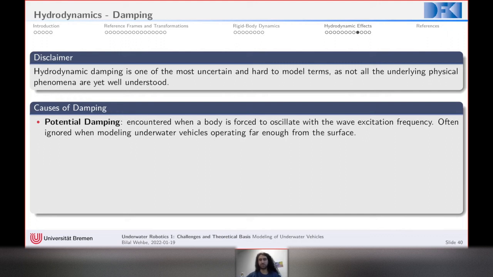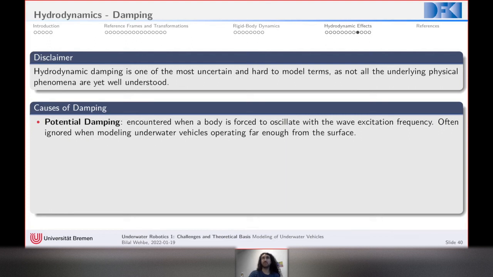According to one of the books I mentioned earlier in the chat, Fossen, we can classify the causes of damping into 4 main damping sources.